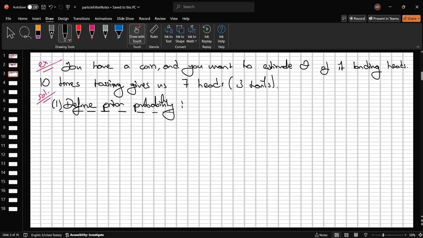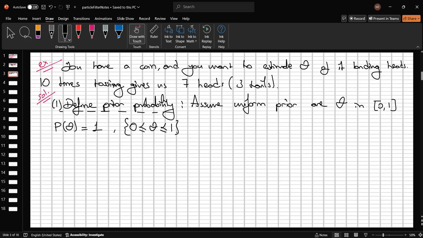In order to do that, just remember to define the prior probability, which means that we assume a uniform prior, theta in the range 0 and 1. If we toss the coin, we will have either 0 or 1, which means that we can write this probability p(theta) equals 1 for a given theta between 0 and 1.